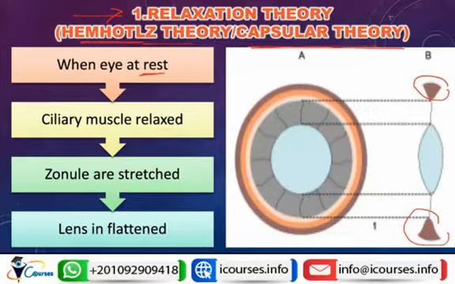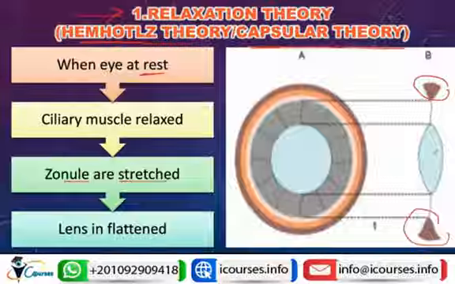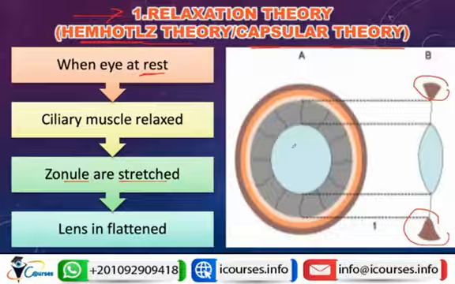When the ciliary muscle is relaxed, the zonule are stretched because there is a wide distance between the lens and the ciliary muscle. So when the zonule are stretched, the lens is flattened, so the lens doesn't exert any accommodation.